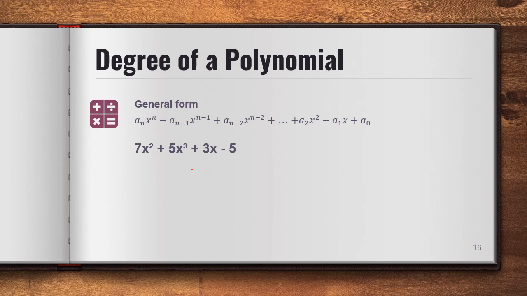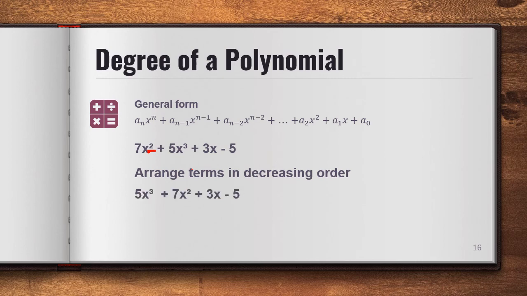So as you can see, the first exponent here is 2. So arrange it. We have 5x cubed plus 7x squared plus 3x minus 5.